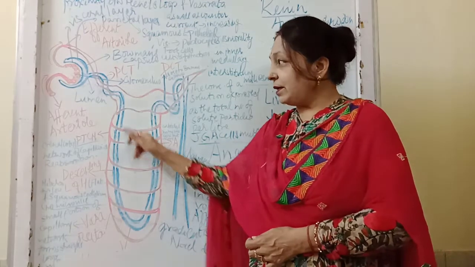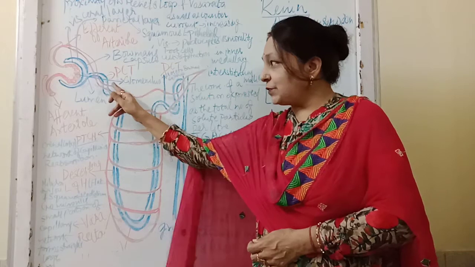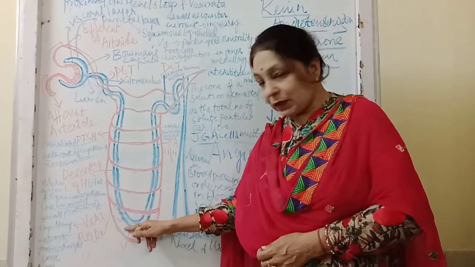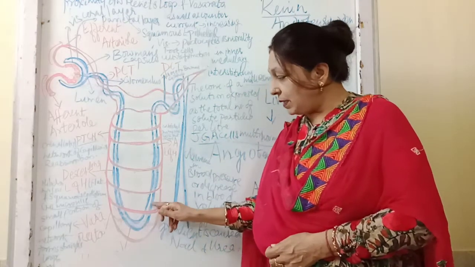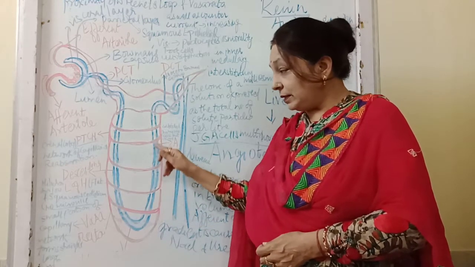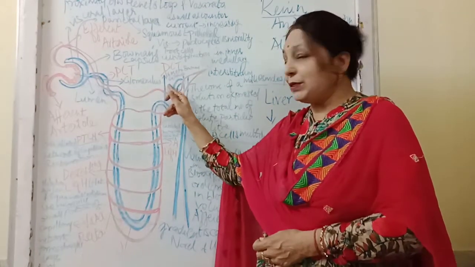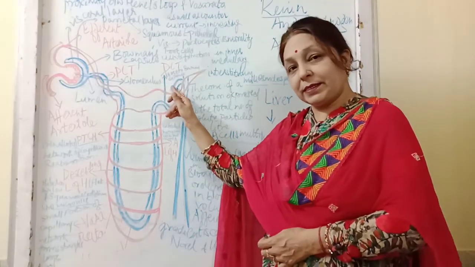So the filtrate goes down from the cortex till the inner medullary area, then comes up through the ascending thin segment and the ascending thick segment of the loop of Henle's, and then again comes to the DCT in the cortex.